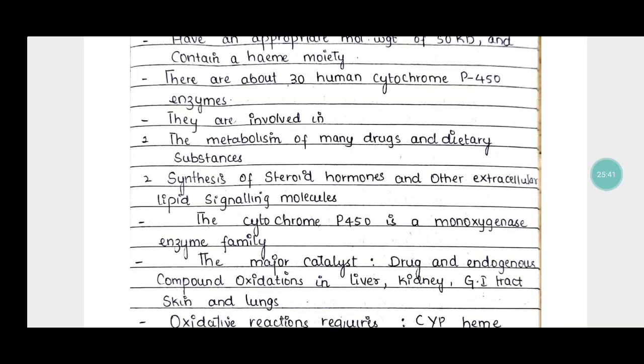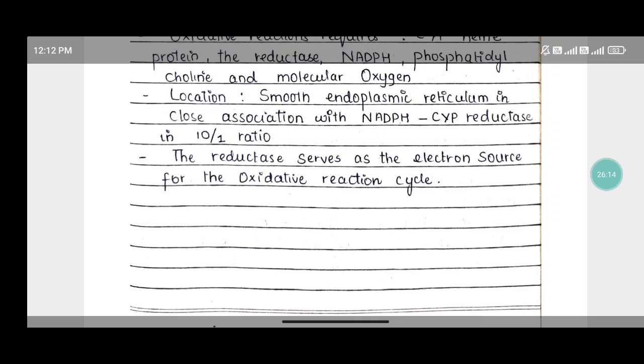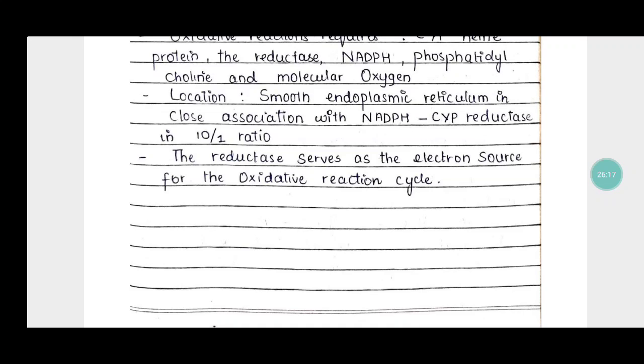They are involved in the metabolism of many drugs and dietary substances, steroid hormones, and lipid signal molecules. Cytochrome P450 is a monooxygenase enzyme family. The major catalysts of drugs and endogenous compounds are in the liver, kidney, GIT, skin, lungs, etc. The reductase serves as the electron source for the oxidative reaction cycle.